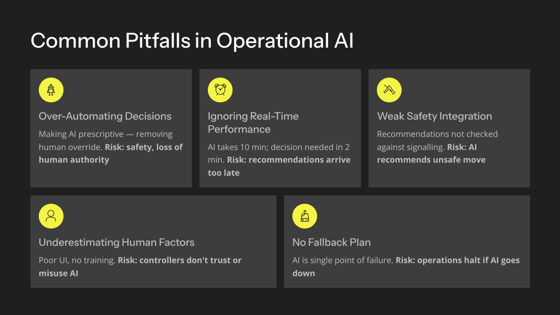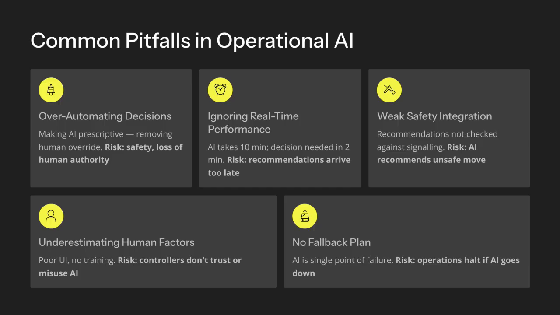But for complex decisions, rerouting through a congested junction, managing a cascading disruption, full automation without human approval is a risk that isn't justified by the efficiency gain. The mitigation is straightforward. AI recommends, controller decides. That boundary needs to be designed in, not left to operational culture to maintain.